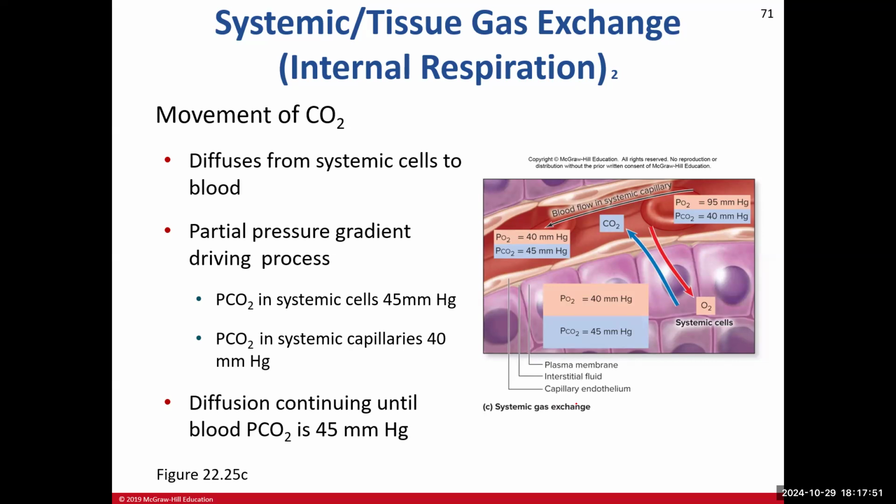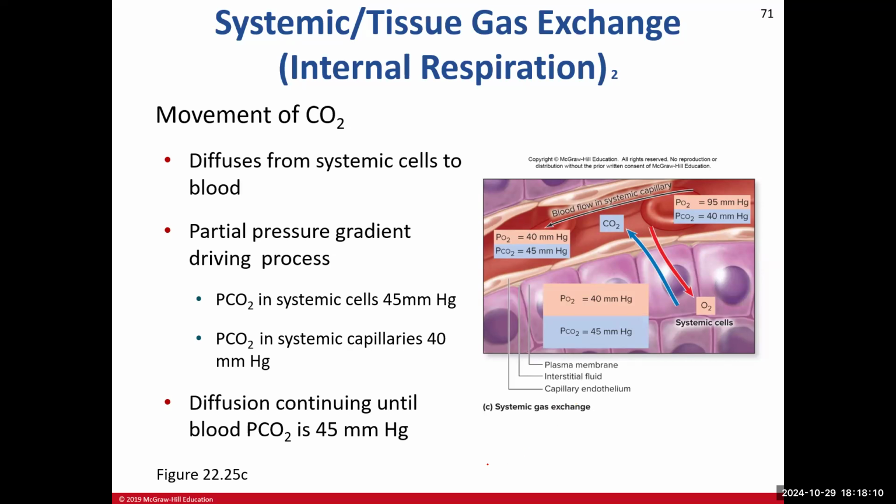So where does carbon dioxide want to go? Follow the blue arrow. Carbon dioxide wants to leave the tissues and go into your blood until it reaches equilibrium. So again, I'm not going to say simple, but relatively easy to understand. If you made it this far in the course, you should understand these concepts.